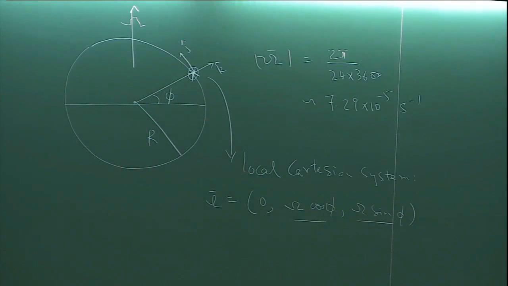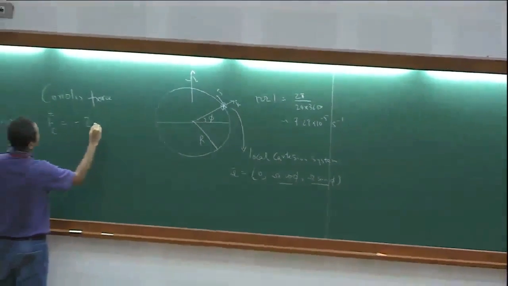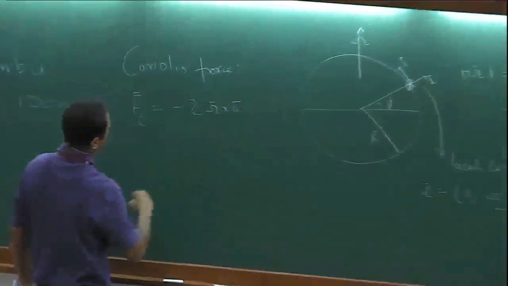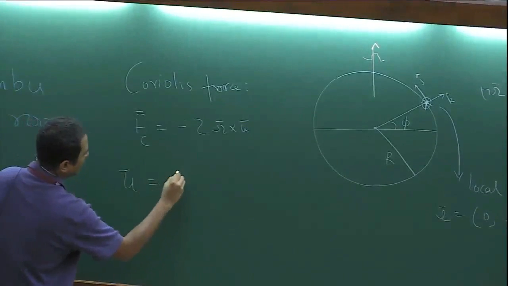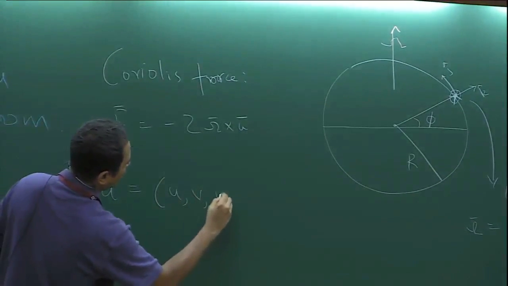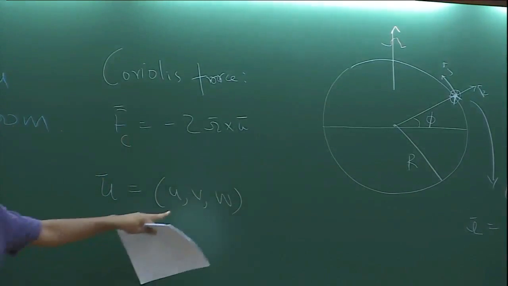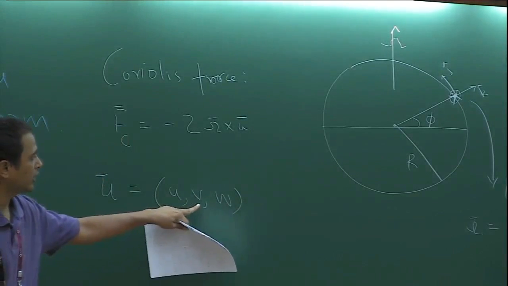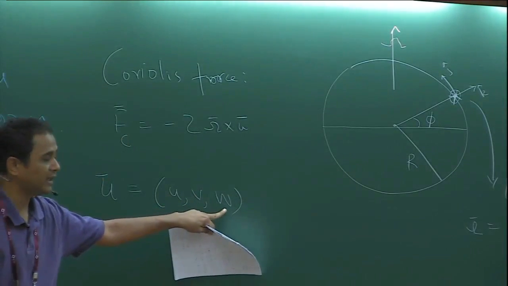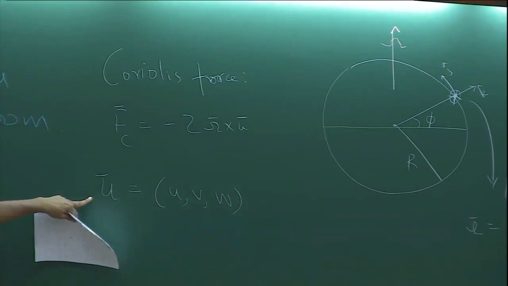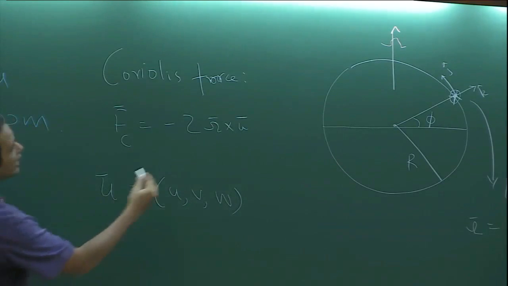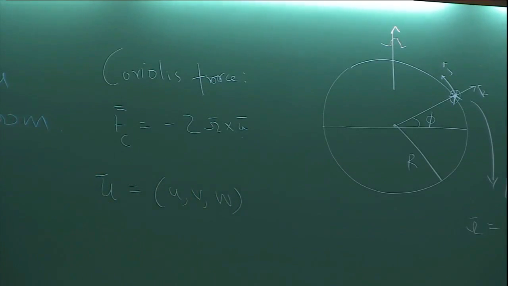And of course, as you all probably know, the Coriolis force, let's call it Fc, is going to be minus 2 omega cross U. And my notation is such that U is equal to (u, v, w), where u is in the i direction or eastward, v is northward in j, and w is upwards. That is going to be denoted by the vector U. So you have omega cross U, which is your Coriolis force.